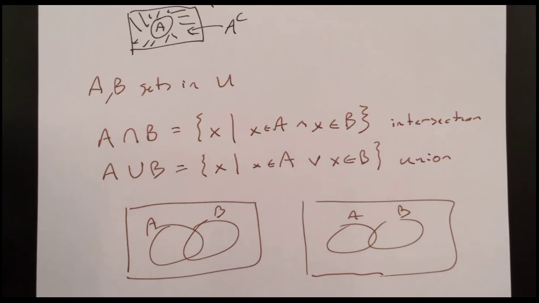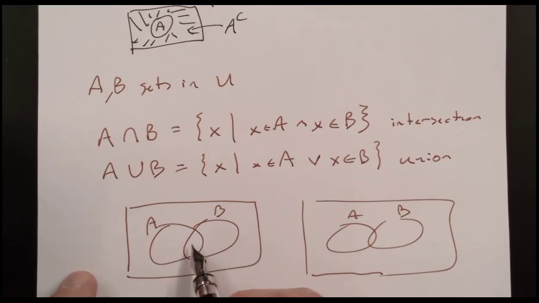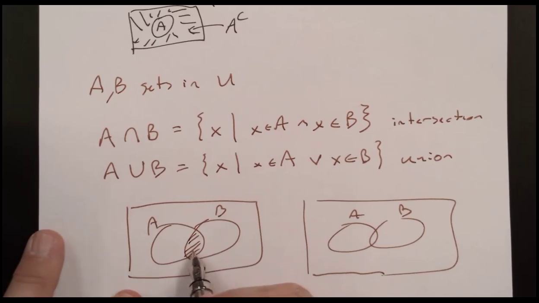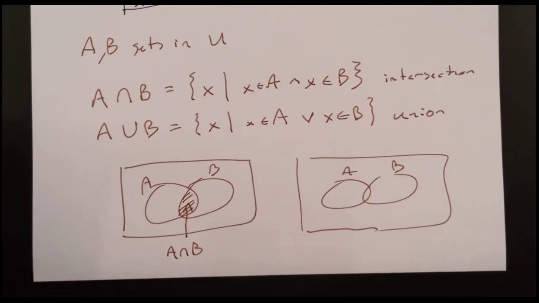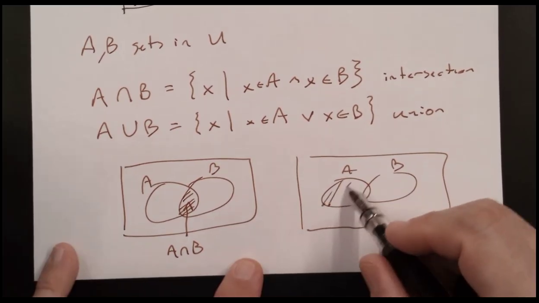So that means the X has to be in A, it has to be in B. It can only exist in this little section. This is the intersection of our two sets. But if I want to do OR, well, this is an inclusive OR, right? That's what our symbol is. Inclusive means it could be in one, it could be in the other, it could be in both. Well, that's everything.